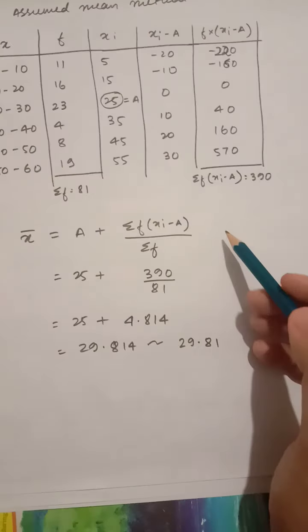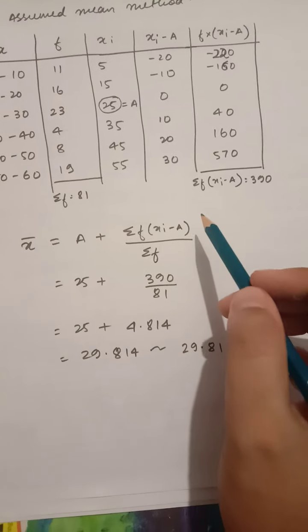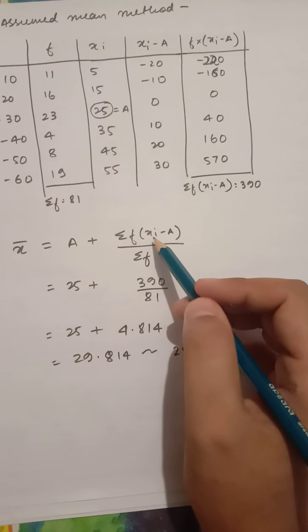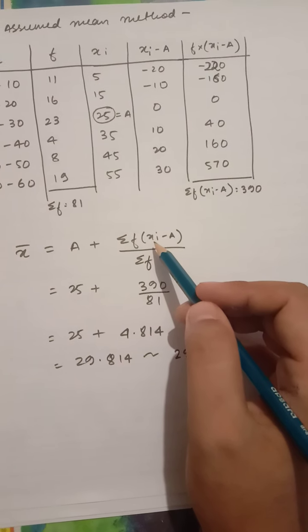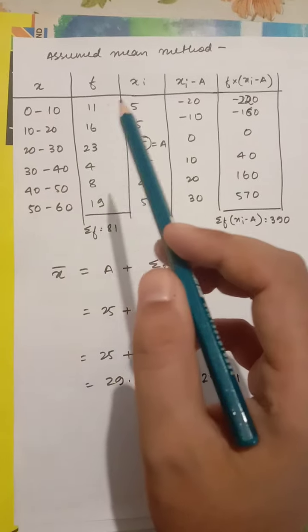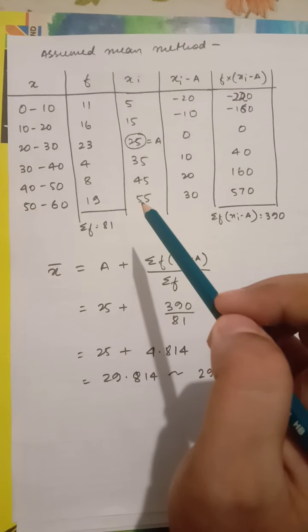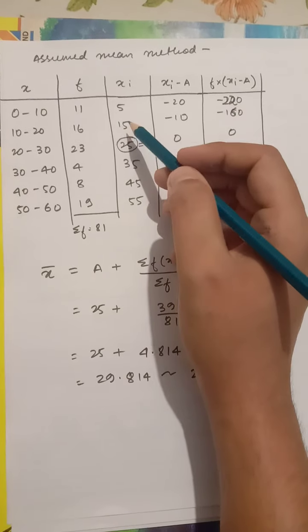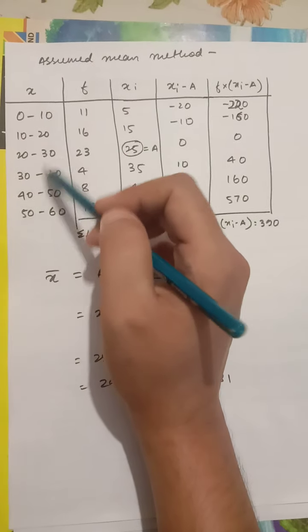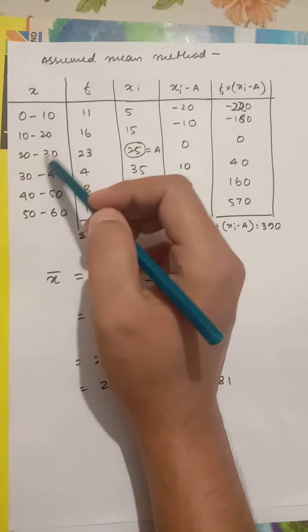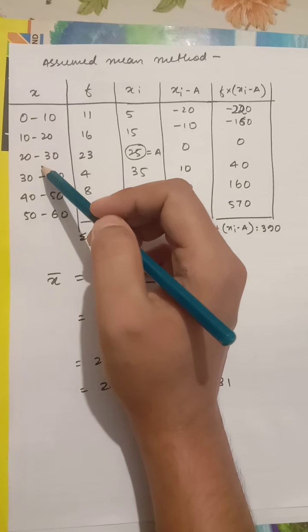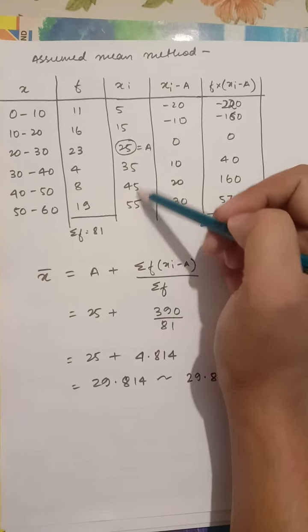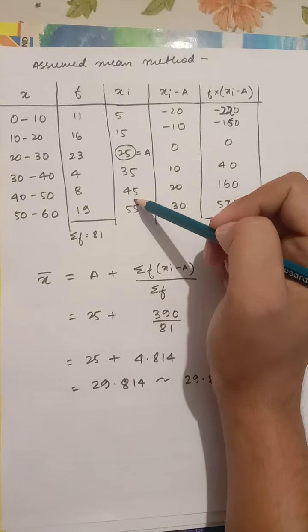For the assumed mean method, it is the same as I discussed in the discrete series, except that xi is included. First we find the mid value, then we subtract the assumed mean. Earlier we could take any number as the assumed mean; we could also take it from here, but for convenience in calculation, we will take the assumed mean from here.